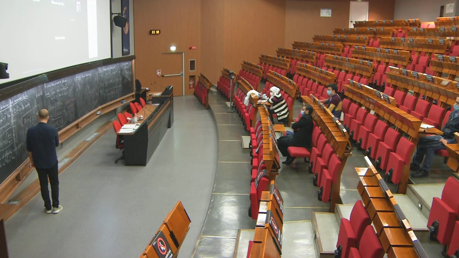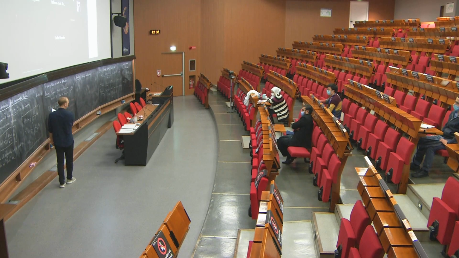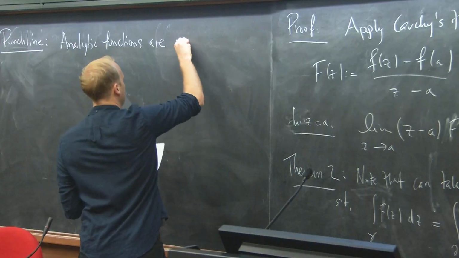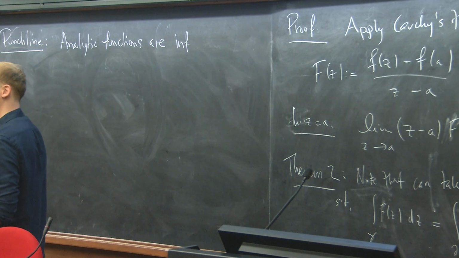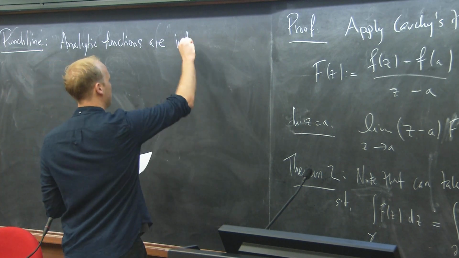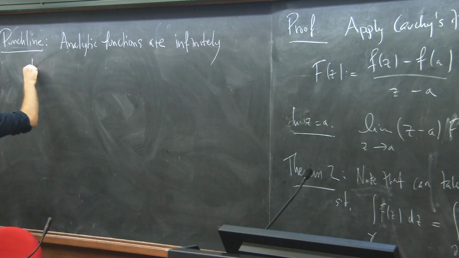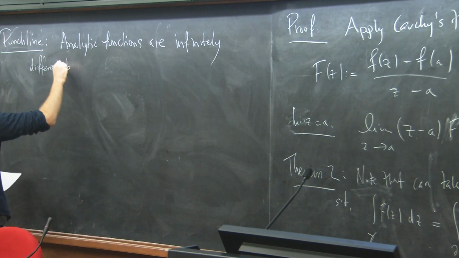Okay, but then we have also shown that all of these derivatives are actually analytic, because this is what they say. f_n is always analytic here. So analytic functions, I can in particular differentiate again and again and again, and all of them are analytic. So analytic functions are infinitely differentiable. You can differentiate as many times as you want.